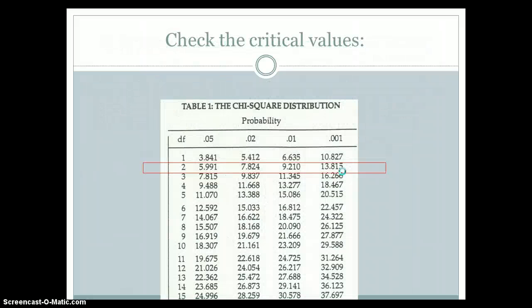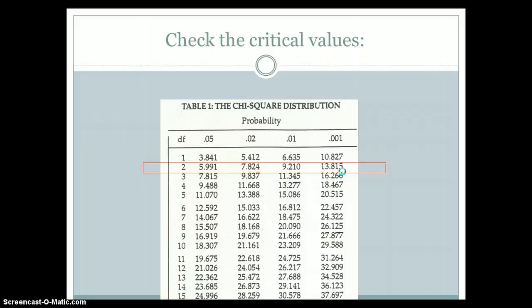And we can look for the critical value of chi-square, much like we did when we were talking about t-tests. Now remember, you don't have to do this because of the magic of SPSS. Our statistical software program, whether it's SPSS or Stata or SAS or you name it, does all this for us. But if you were hand calculating this, you'd look for the critical value.